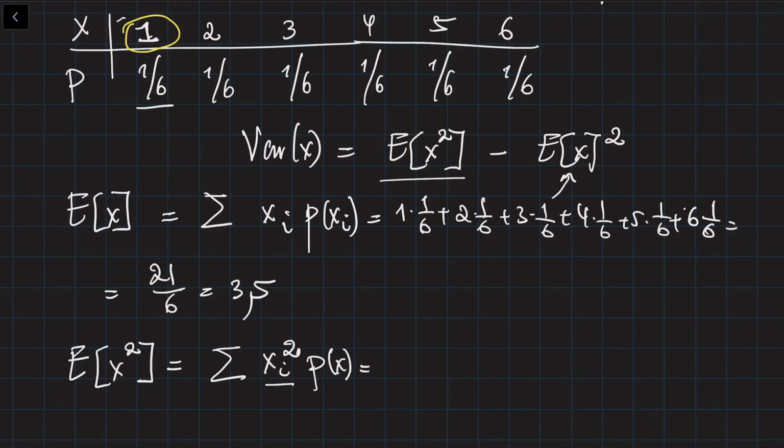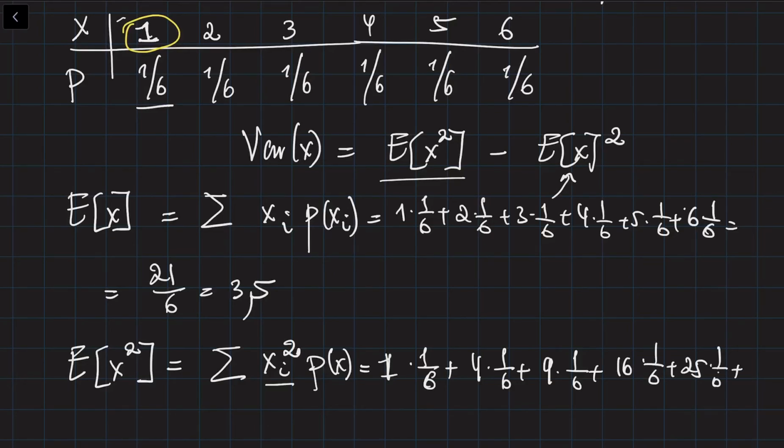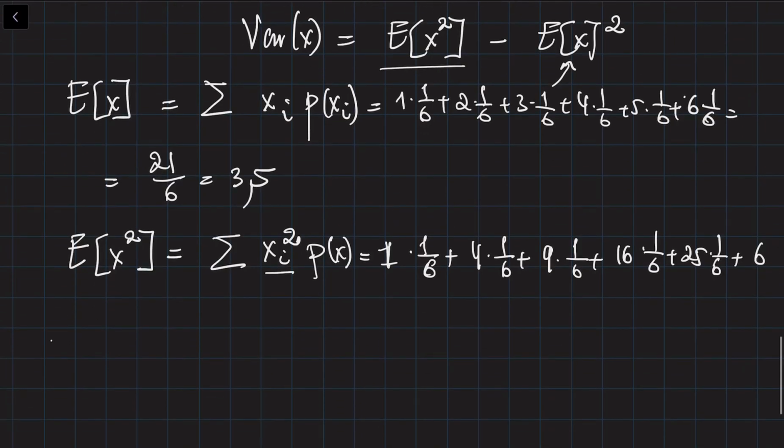Basically, I have to multiply 1 squared, which is 1, by 1 over 6, plus 2 squared, which is 4, times 1 over 6, plus 9 times 1 over 6, plus 16 times 1 over 6, plus 25 times 1 over 6, plus 36 times 1 over 6. Okay, so let me add them.